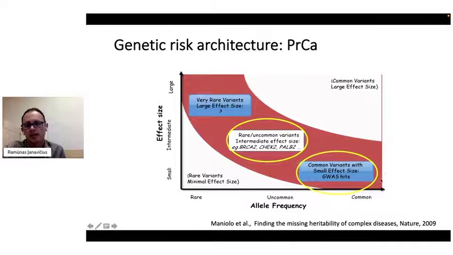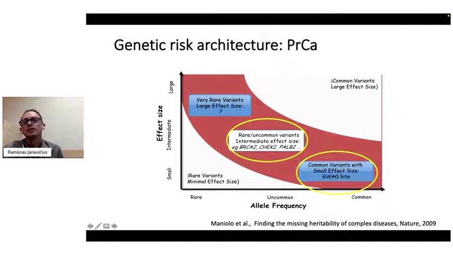On this side you have very rare variants, and on the other side you have very common variants in populations, for instance more than 40% of people having the same polymorphism, which individually have very tiny effects.